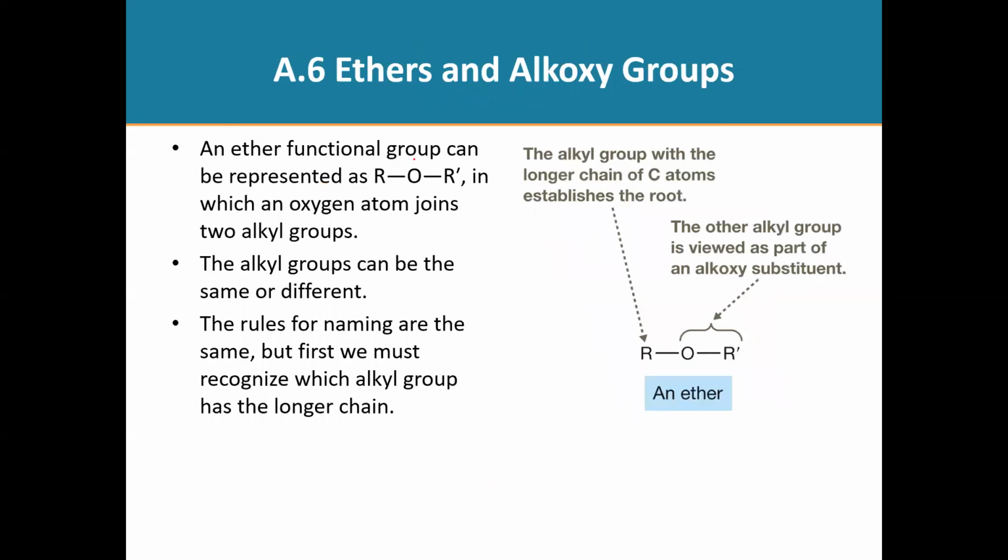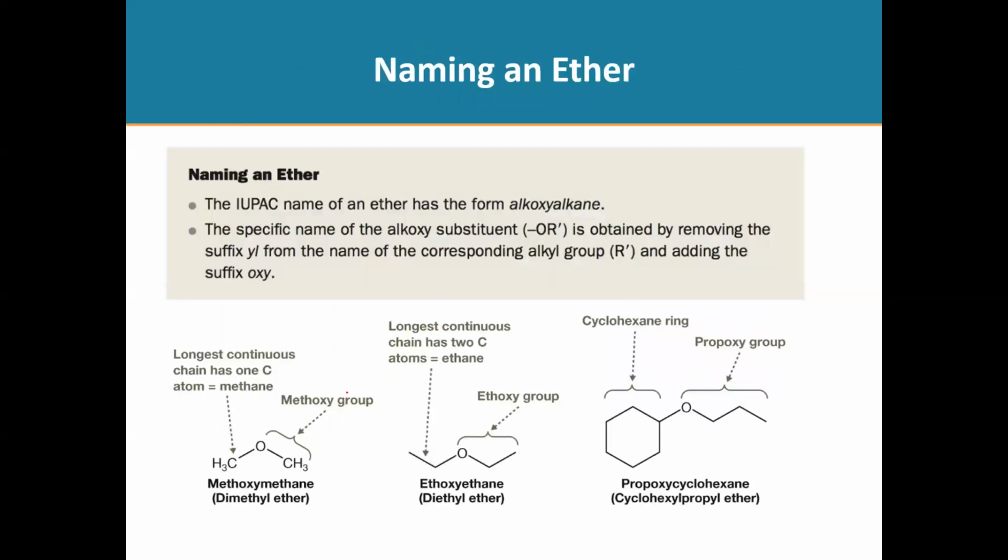So an ether functional group can be represented as ROR, and we saw this in our chapter 2. And here's your ether group. Naming an ether. This would be dimethyl ether. There's 2 methyl groups. Diethyl, there's 2. See that? There's two, and ethyl means 2 carbons. Di means 2, methyl means 1 carbon.